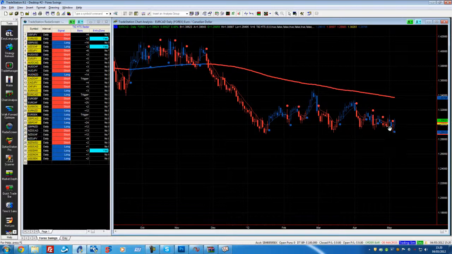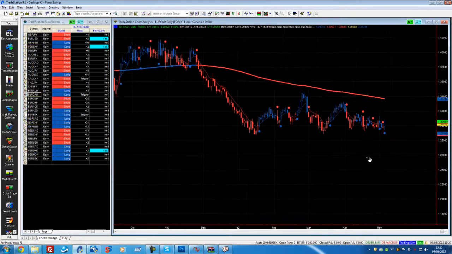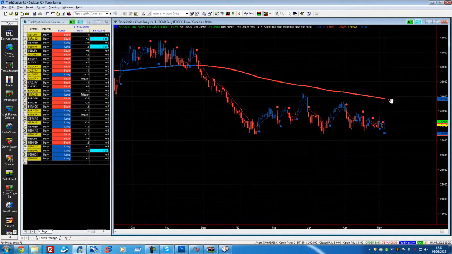And this wouldn't be something I'd be looking at staying in for a very long time, because as you can see, we've got some resistance here, and I would think that it would come into here, test it, and probably bounce for the time being. So really, I wouldn't be looking to take these longs at the moment. So that's kind of off my watch list, but I'm always keeping my eye open for the trades.